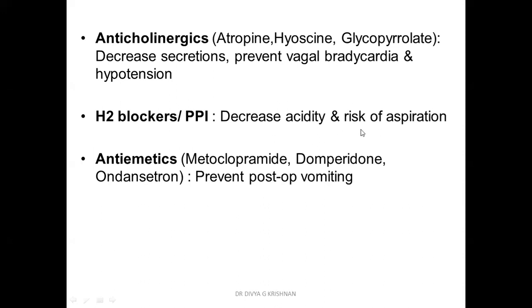You need to decrease the gastric acidity, because once the patient is anesthetized, all his protective reflexes are lost and there is a risk of aspiration. So it is essential that before giving anesthetic, you decrease the acidity of the stomach. Then antiemetics like metoclopramide, domperidone, ondansetron will prevent post-op vomiting.